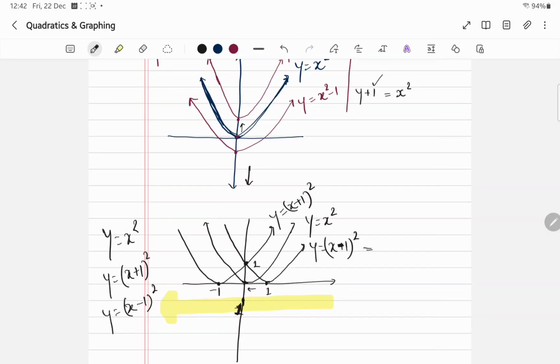When you open this expression, it's going to be x squared plus 2x plus 1, or minus 2x because it is minus, plus 1. So your y-intercepts are plus 1 for both of those. Usually in the equation form, especially in the y one, it shows that the graph is moving up and down, but it's not the graph that is moving up and down.